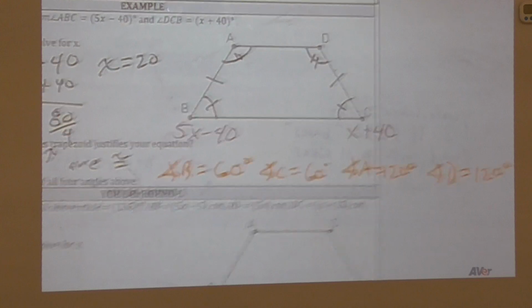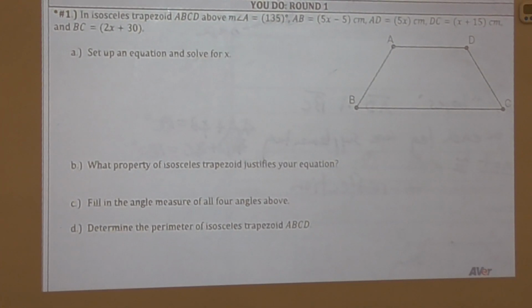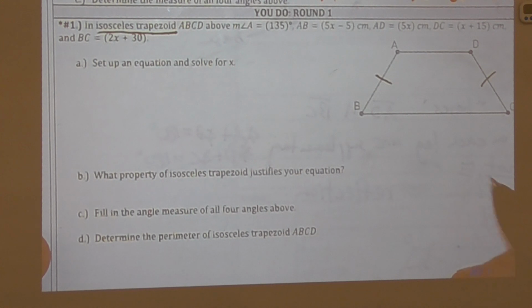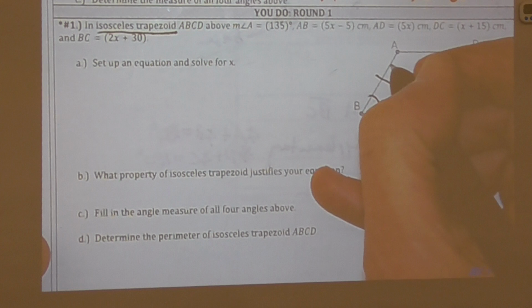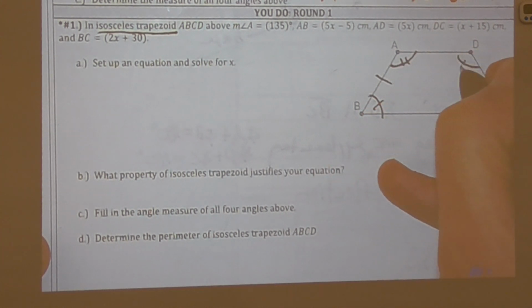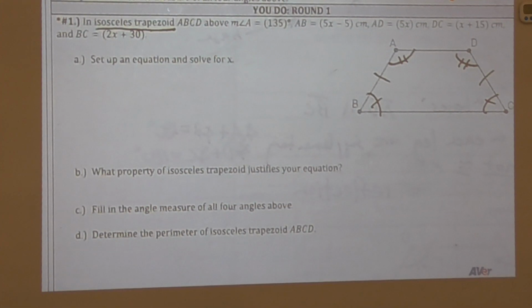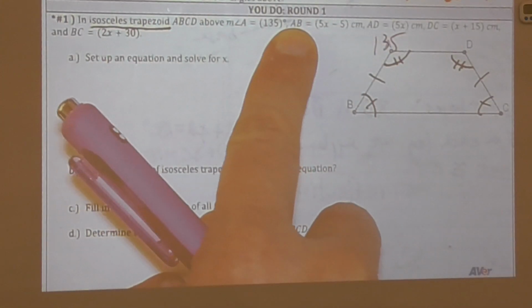All right. We'll move into you do round 1. In an isosceles trapezoid, so again, it's special, it's isosceles. So we have legs are congruent. We have base angles congruent. And we're given angle A is 135. AB, this is not an angle.